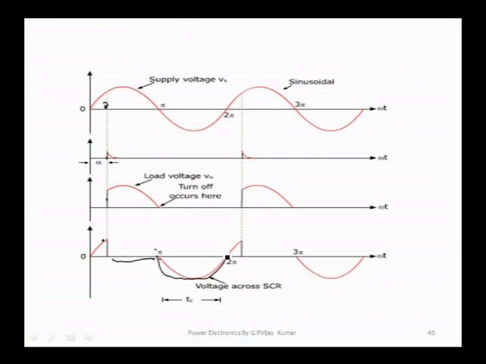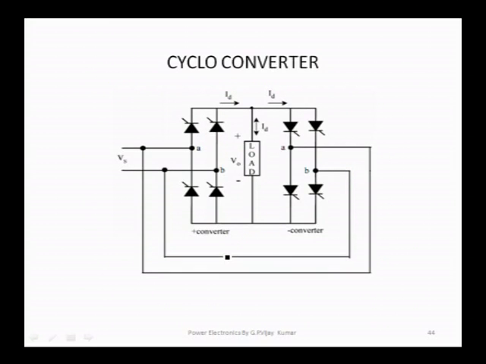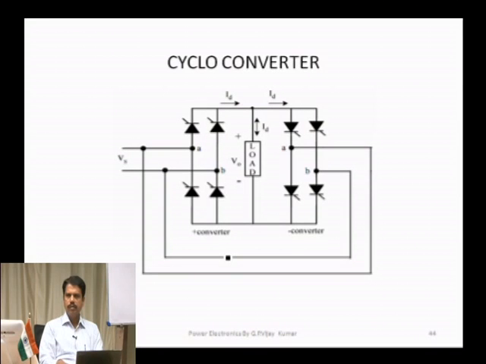So natural commutation takes place when the input voltage is AC. This is one of the applications, cycloconverters. Input is AC, output is AC, but of different frequency. This is a positive converter, this is a negative converter. The positive converter works for the duration T naught by 2, and the negative converter works for the next duration T naught by 2.